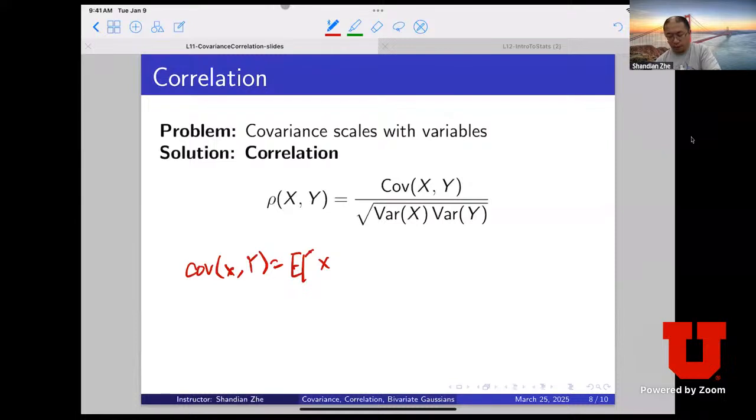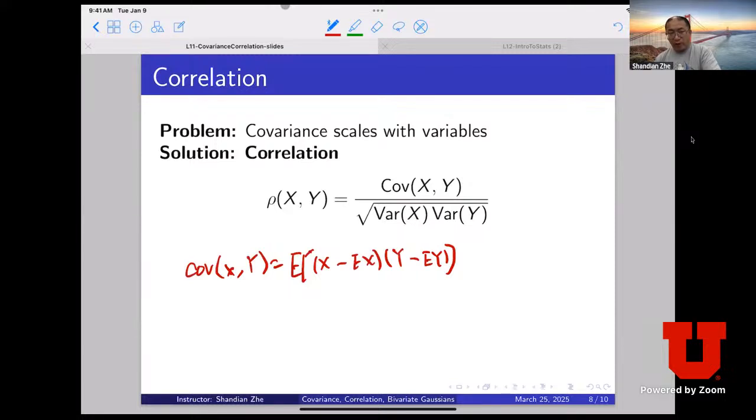It is the multiplication of two random variables centralized by their expectations. So x is subtracted by the expectation of x, this is called centralization, and y is subtracted by the expectation of y, and then we multiply them together and take the expectation.